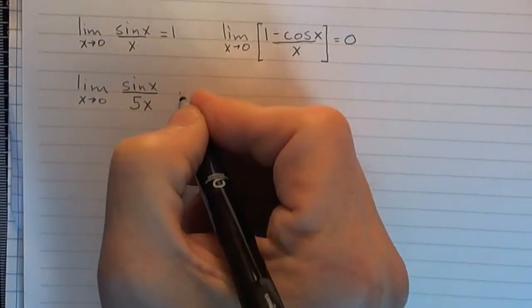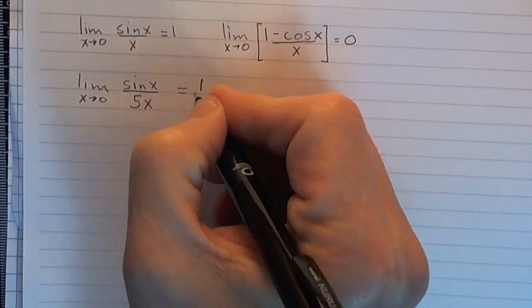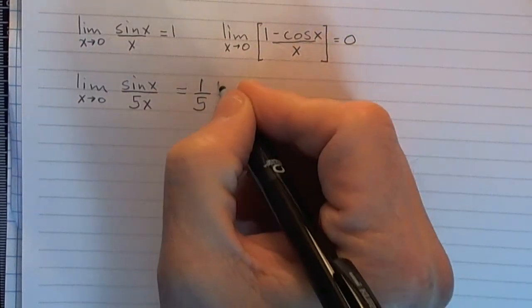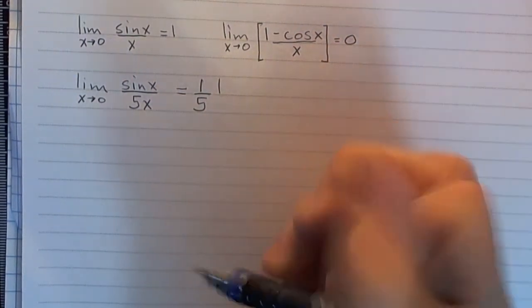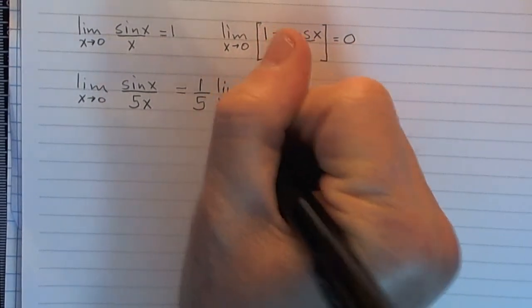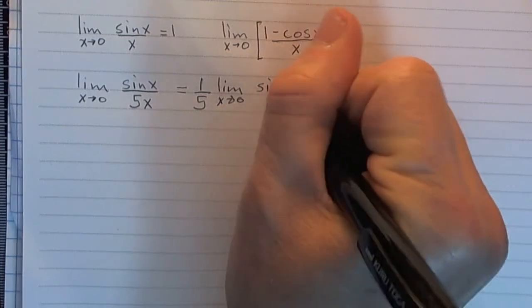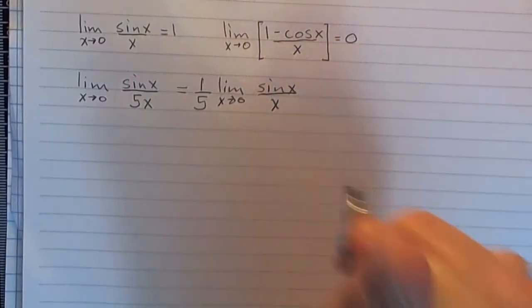Well, one of the things you can remember is that I can just factor out that 1/5. That's one of the properties of limits, that we can factor out the constant. So I've got 1/5 times the limit as x goes to 0 of sine x over x. See?